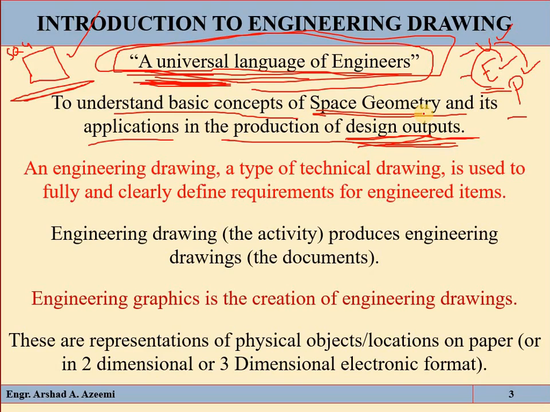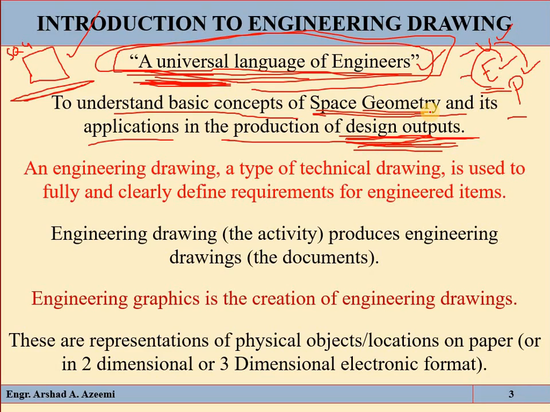We have different types of geometry like square, triangle, pentagon, hexagon, etc. Based on those geometrical shapes we can represent and understand any design output. We can transfer the idea from our mind to someone else. If you have an idea in your mind, how will you transfer it to another person? That can be done by means of geometrical shapes.